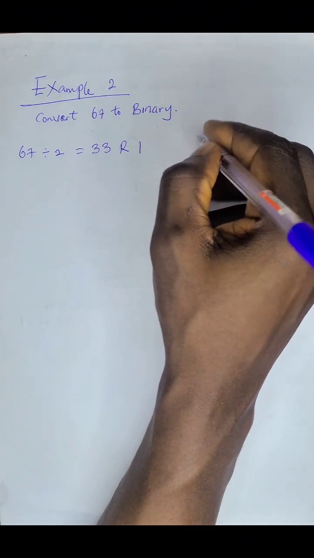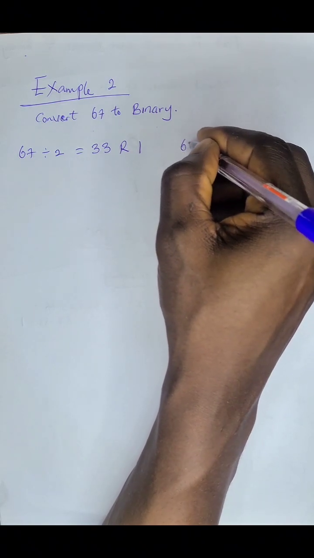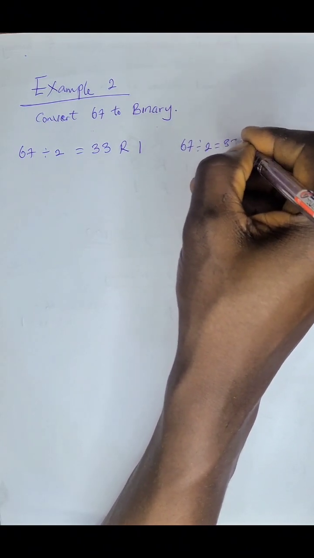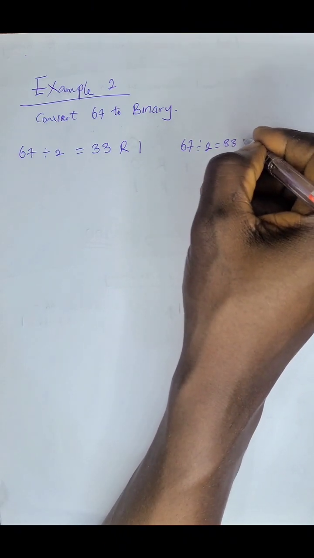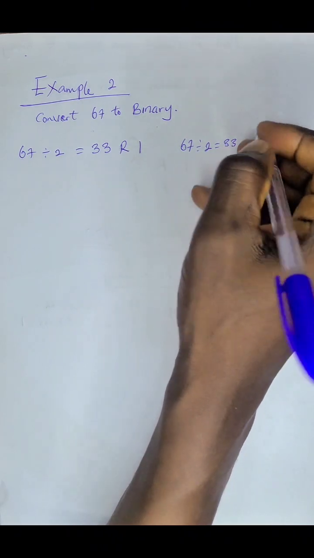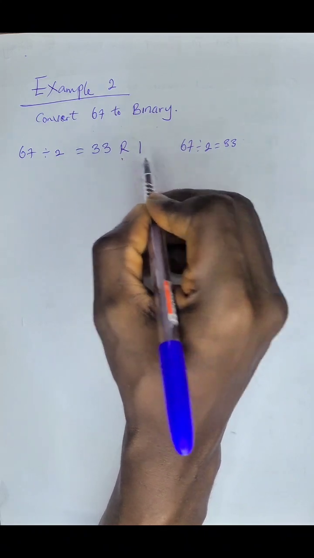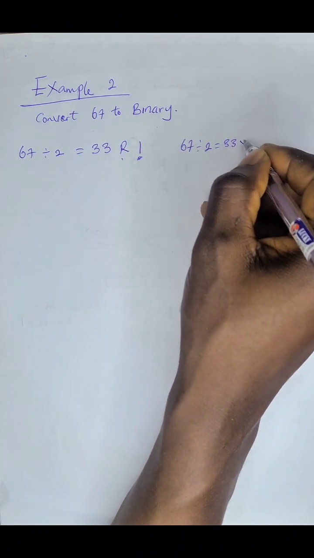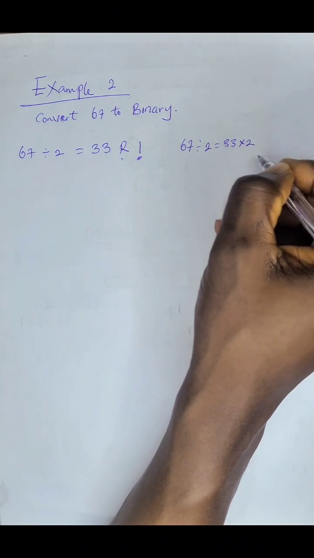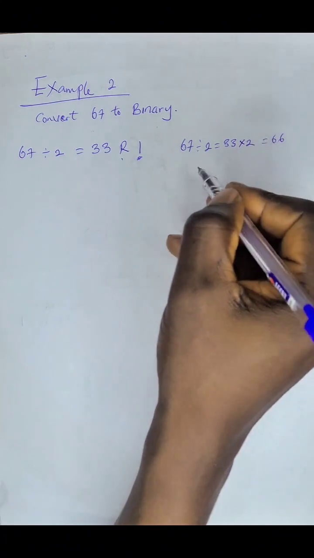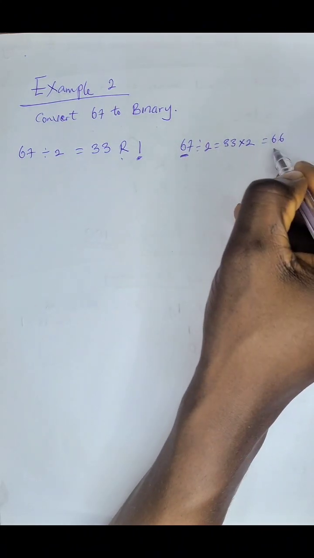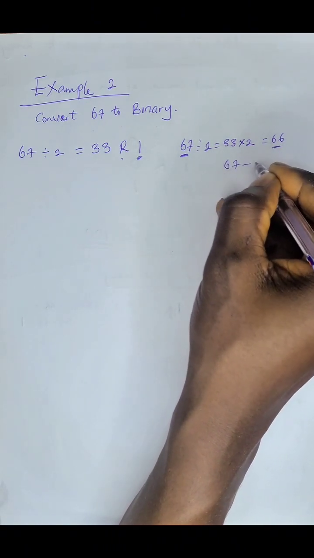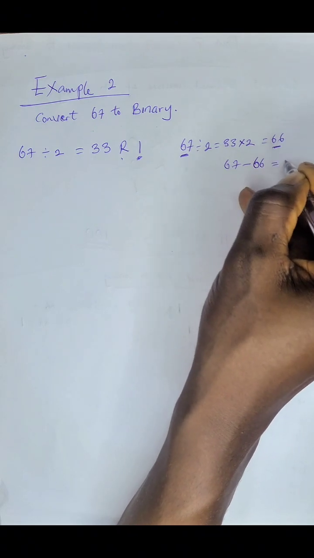Let's take the calculation. 67 divided by 2 will give you 33, remainder something. Now I want to show how we got this remainder 1. 33 times 2 will give us 66. 67 minus 66 will give us 1.